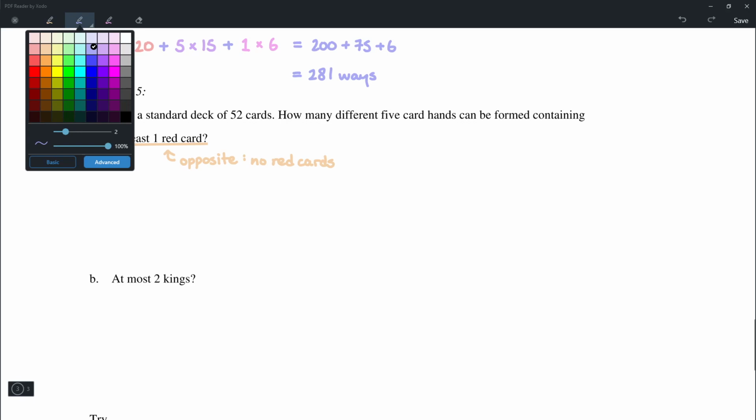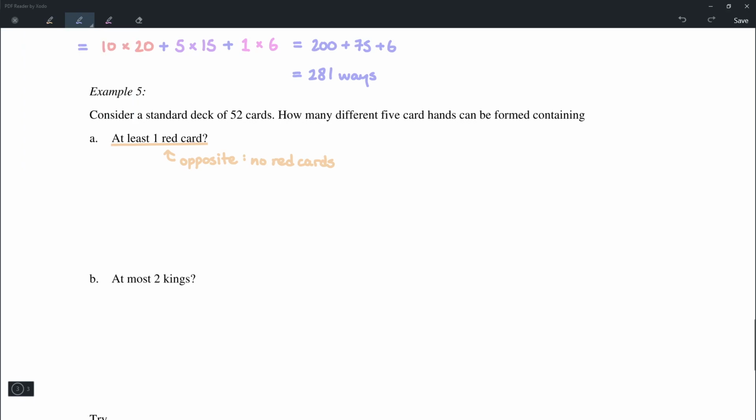Again, first step is to figure out all the possibilities. So that will be 52 cards, and we're going to choose 5 of them. So there are no restrictions here. All the possible hands are to be included here. And then we're going to subtract the hands that have no red cards. So there are 26 cards that are not red. We're going to choose 5 of them.